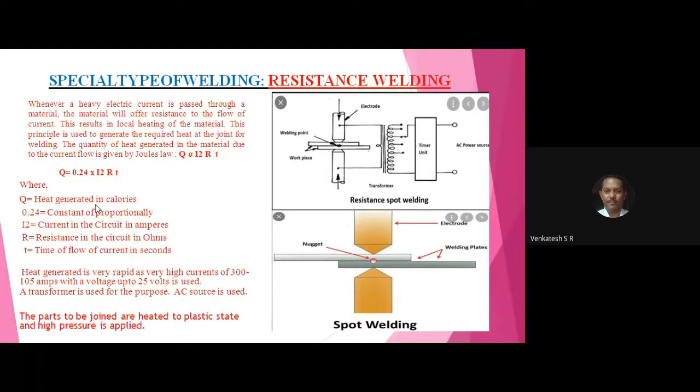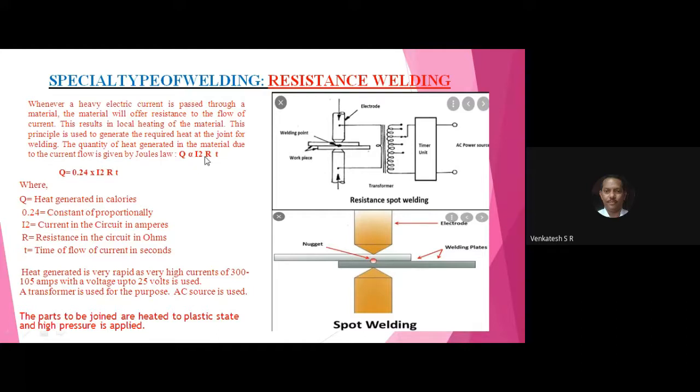Due to the resistance, heat is generated, which is utilized for different types of resistance welding, such as spot welding, seam welding, etc. All of you observe here.